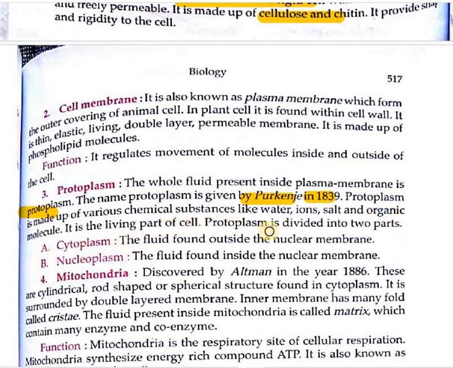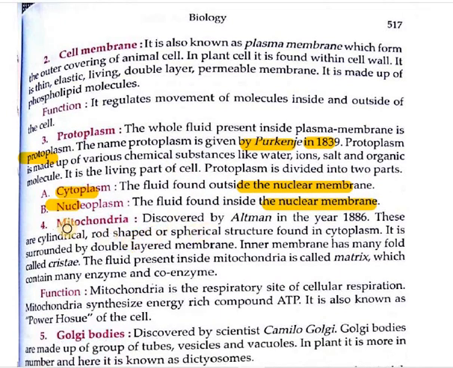It is the living part of the cell. Protoplasm is divided into two parts, cytoplasm and nucleoplasm. The fluid found inside the nuclear membrane is called nucleoplasm, and cytoplasm is outside of the nuclear membrane.